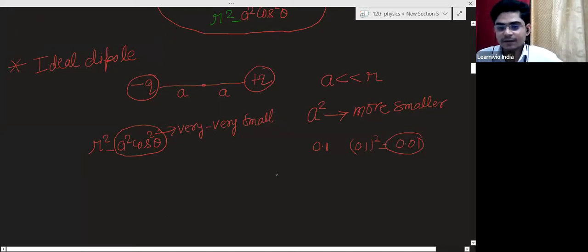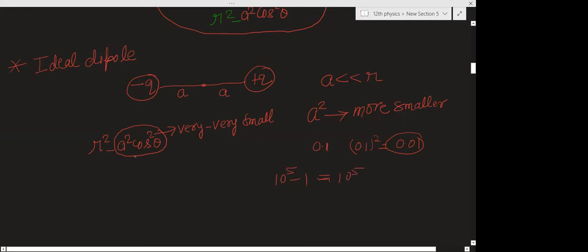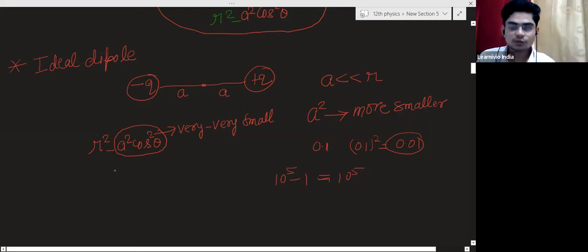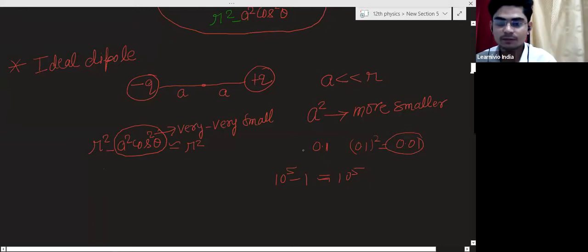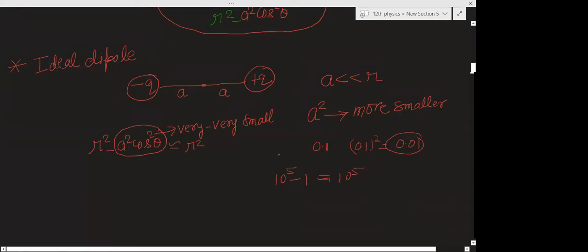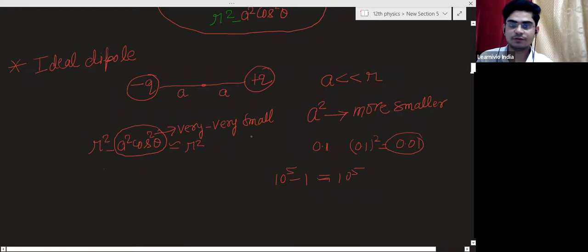Like I am writing 10 to the power 5 minus 1, we can write it approximately as 10 to the power 5. Is it fine, guys? Yes, sir. You can relate the things. So I can write this as r square. Why am I writing r square? Because a square cos theta is small. Very good.